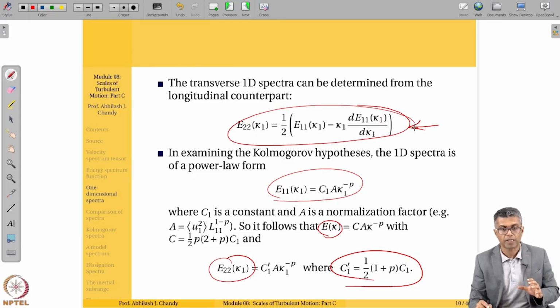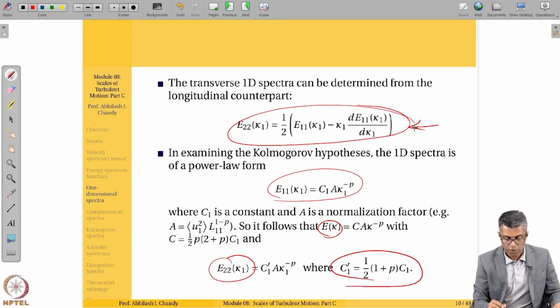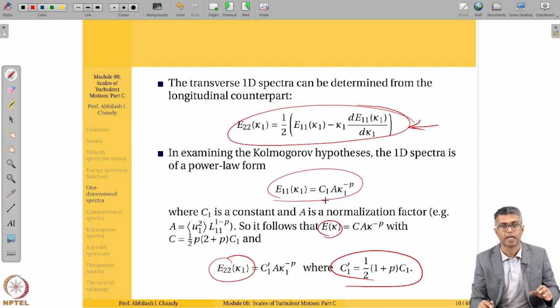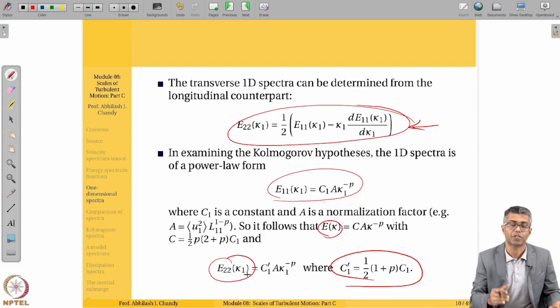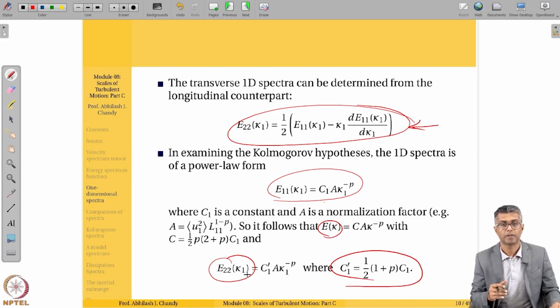But one of the things to notice is, I have E11, which is C1 A kappa to the minus P. So it is a function of kappa and it is raised to the pth power. Same goes for E of kappa. Same goes for E22. So all have similar variations with wave number magnitude. They follow a power law.